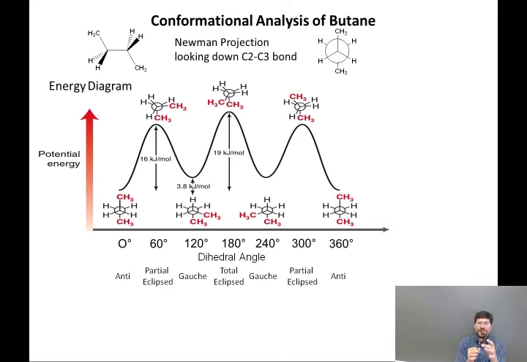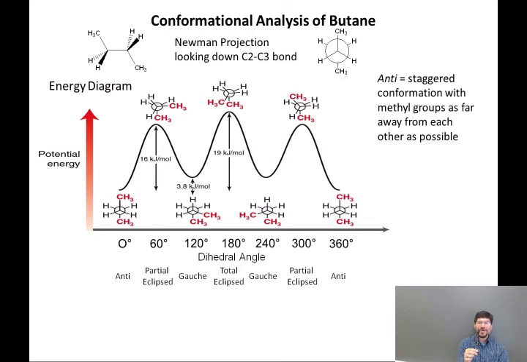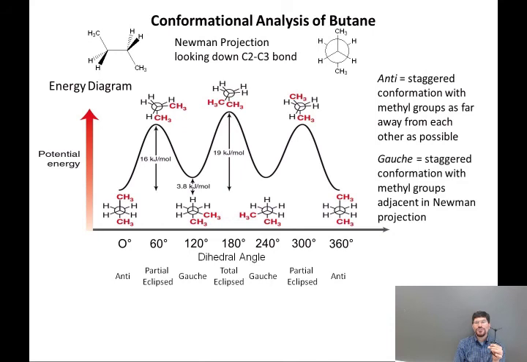The 0 degree conformation, with the 2 methyl groups as far away from each other as possible, we call the anti-conformation. That's a term that everybody is going to use, and it's simply the staggered conformation with them as far away from each other as possible. The other staggered conformation, the one at 120 degrees, is called the gauche conformation.